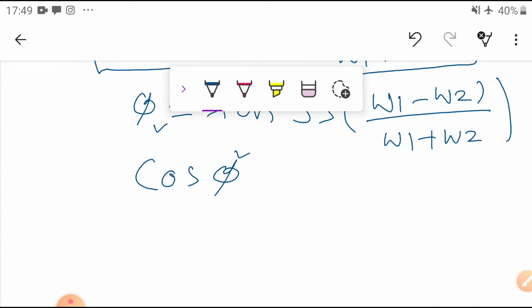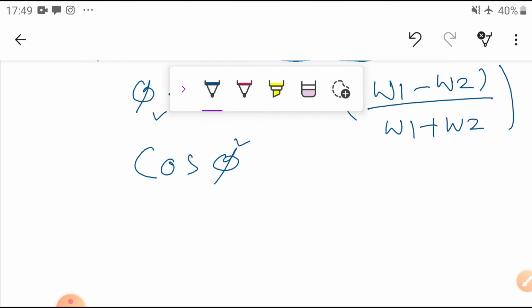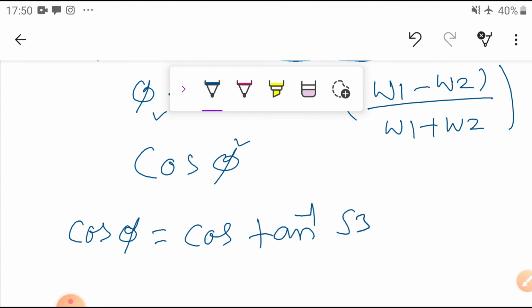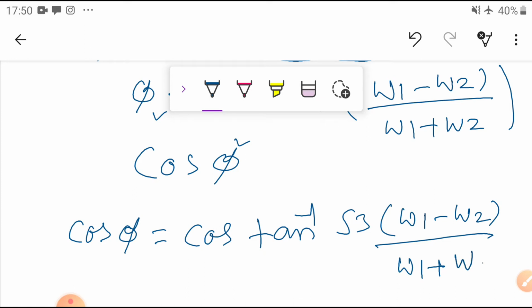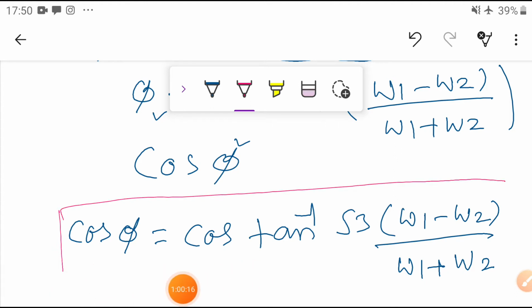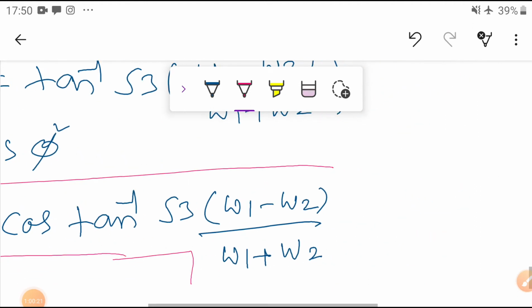So cos phi is equal to cos of tan inverse of root 3 into W1 minus W2 by W1 plus W2. This is the power factor of a 3-phase balanced load with RMS values, with the help of wattmeter readings.